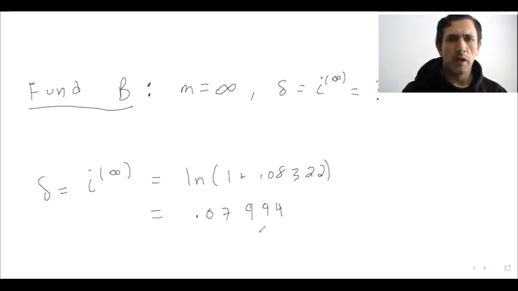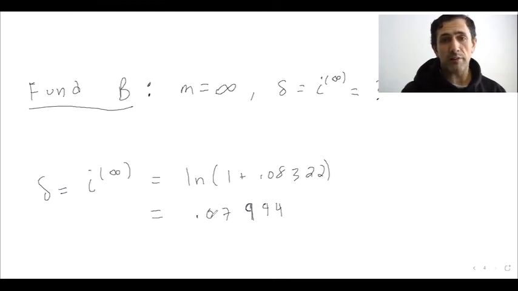Okay, so one very practical point for this course that I want to reiterate is that all 3 answers we got are very close. In the previous example where Fund B has interest compounded monthly, we got I-12 was 0.0802.